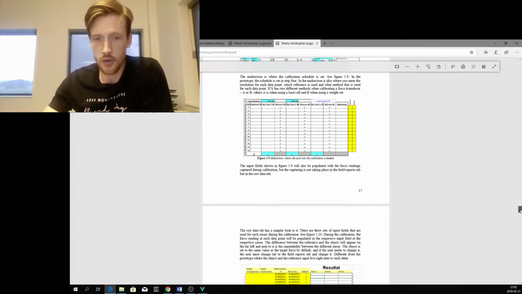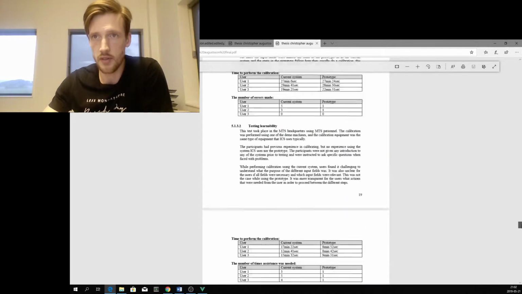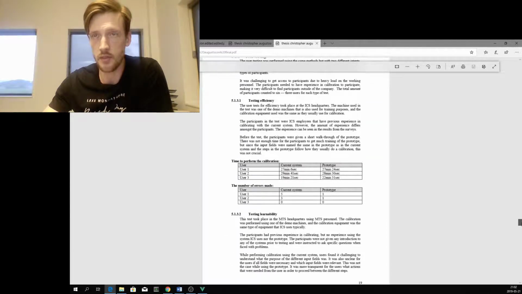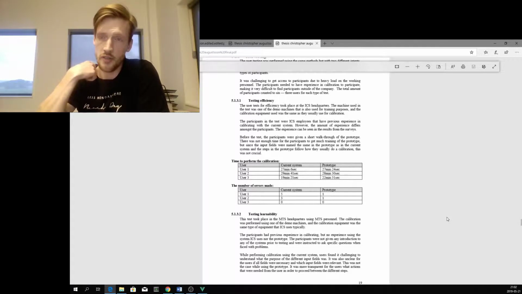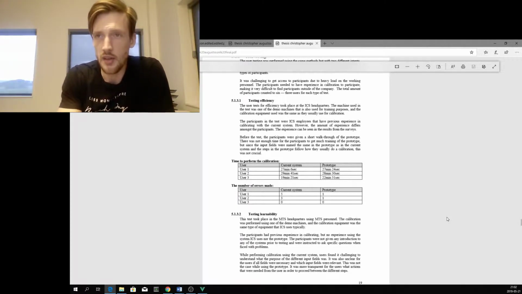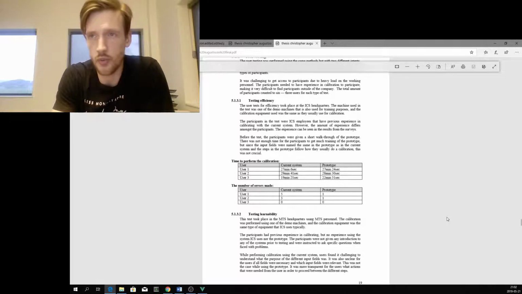If we look at the results for these tests, you can see that when we tested the efficiency, the difference between the current system and the prototype wasn't that big, but the majority of the users were actually faster with the current system rather than the prototype.